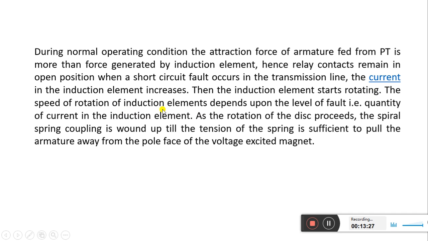The speed of rotation of the induction element depends upon the level of the fault, that is, the quantity of current in the induction element. As the rotation of the disc proceeds, the spiral spring coupling is wound up till the tension of the spring is sufficient to pull the armature away from the pole face of the voltage excited magnet. So this is what we have discussed by seeing that circuit diagram.